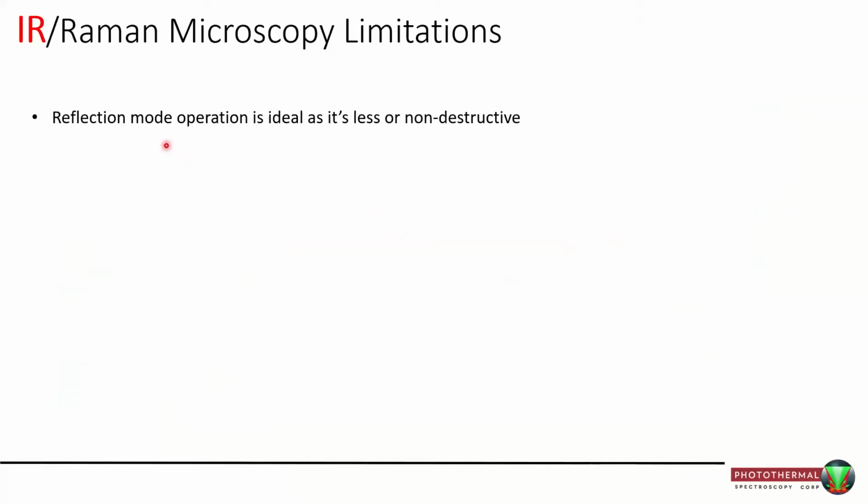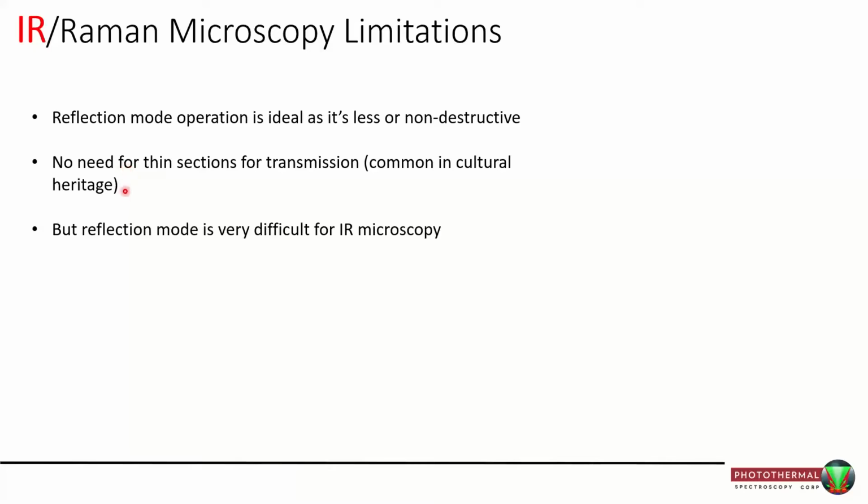So reflection mode is ideal, especially in the context of cultural heritage, as it's non-destructive. There's no need for thin sections for transmission, which is quite common in cultural heritage. But reflection mode is actually really difficult for infrared microscopy, again, whether it's FTIR or QCL microscopy. It results in poor spectral reproducibility.